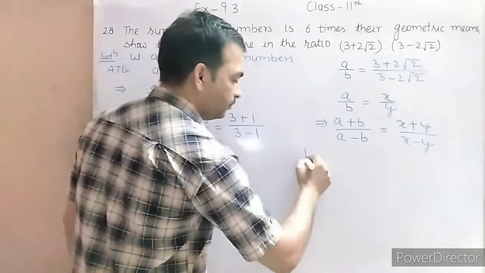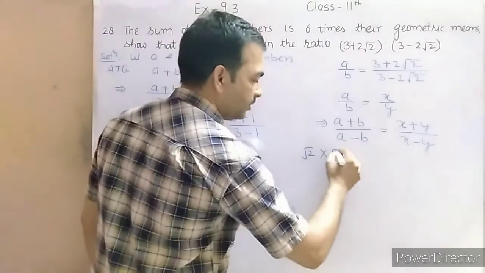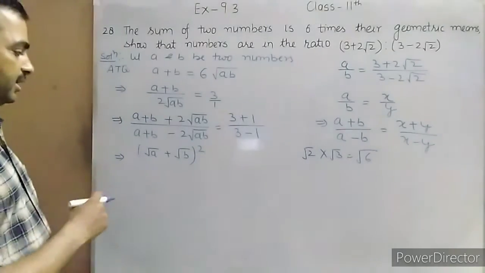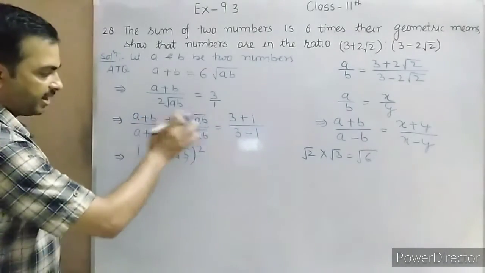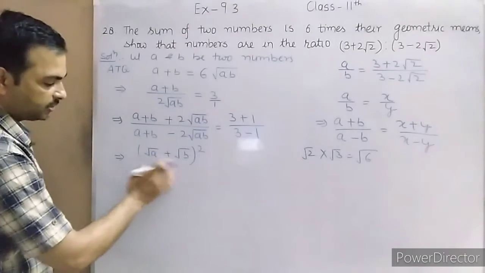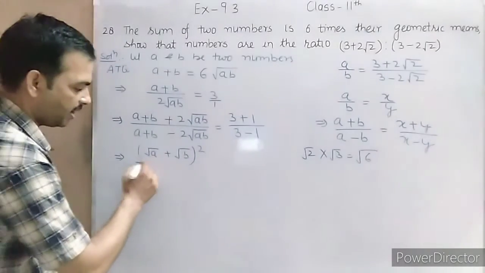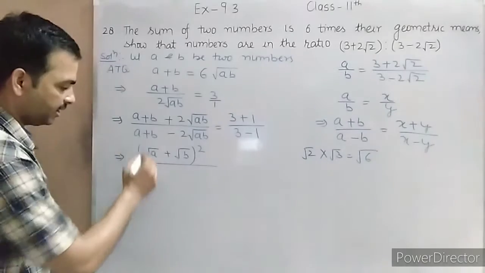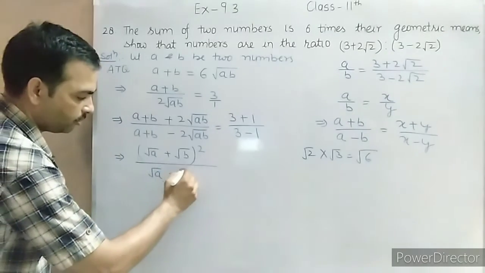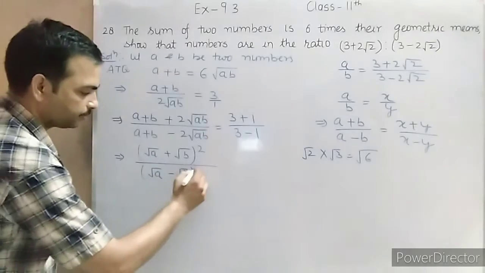So root 2 into root 3 is root 6. Using this, we can write A plus B plus 2 root AB as root A plus root B whole square. Similarly, the denominator can be written as root A minus root B whole square.